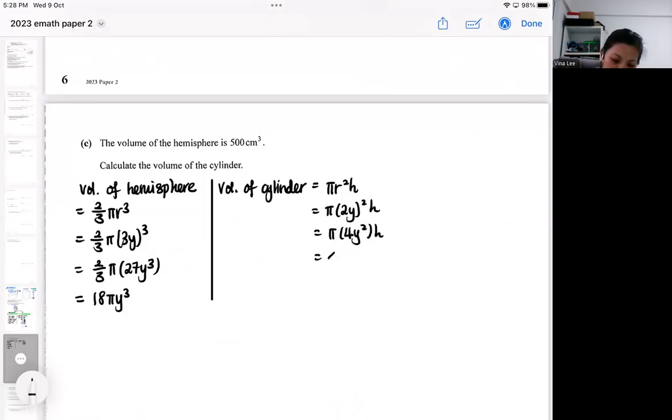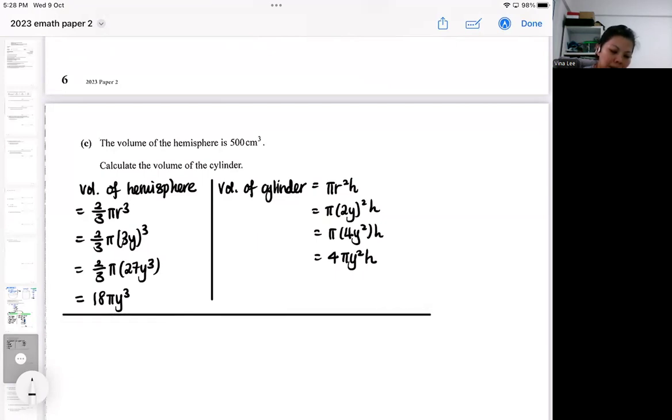So from here, I'm supposed to find 4 pi y square h. So once you get the two volumes, okay, you look at what you have. You do know that this is a 500, and your job is to find this.